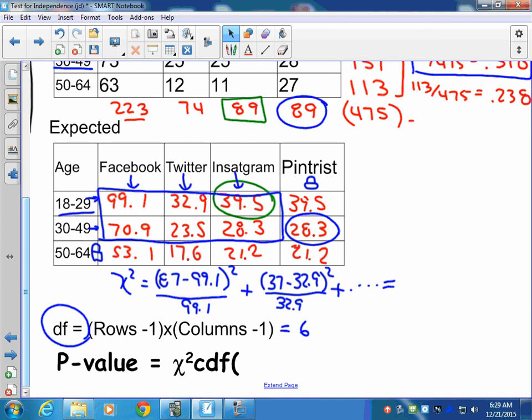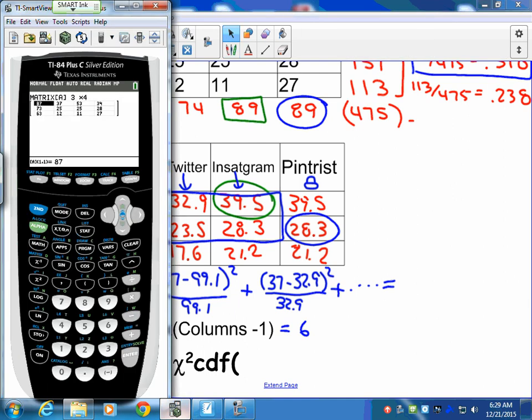Okay, now, we said that we're going to use the calculator to help us with that overall. So let's just start back at the main screen. We can find almost any test we need in the stat test heading. If we scroll up is actually the quickest way to get there. There are two chi-square tests.